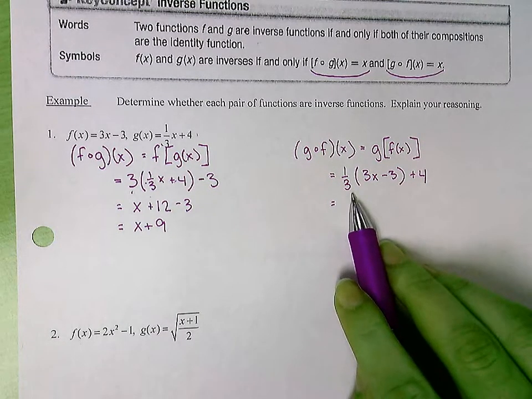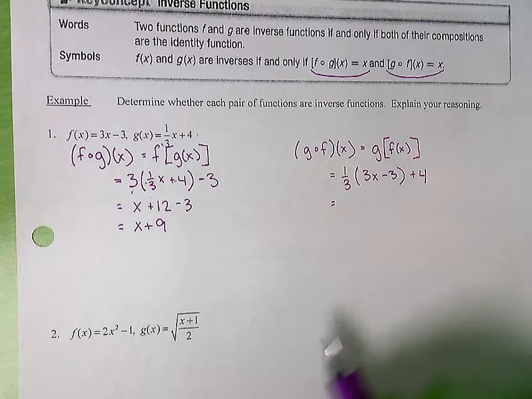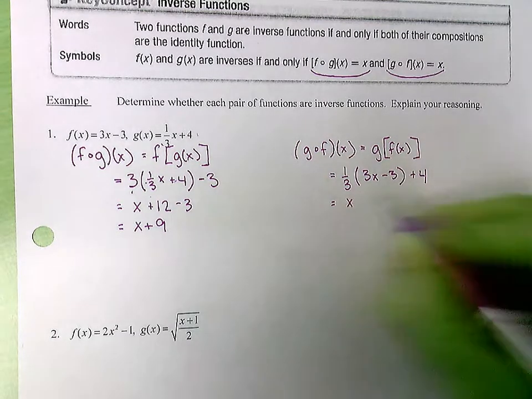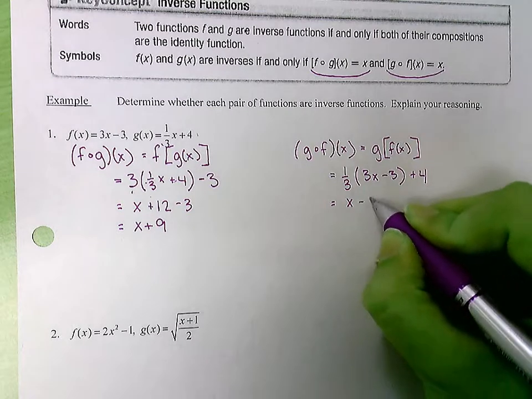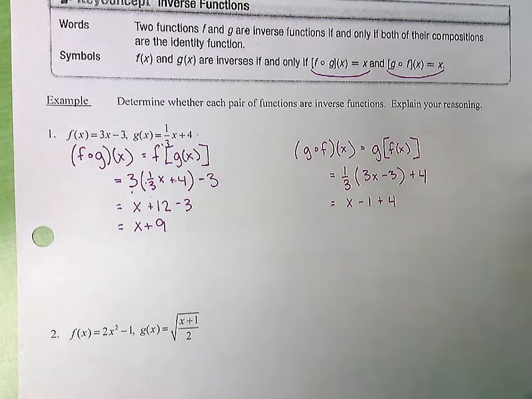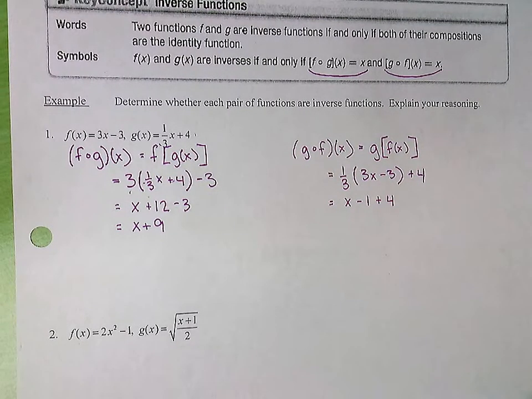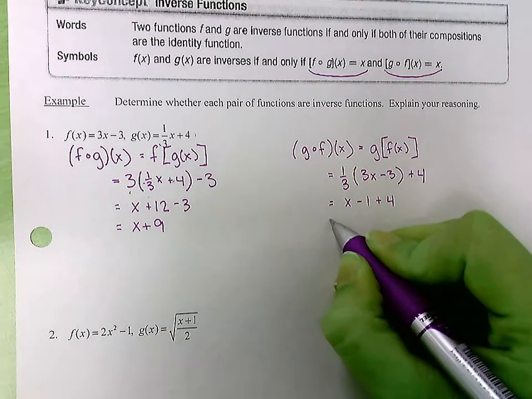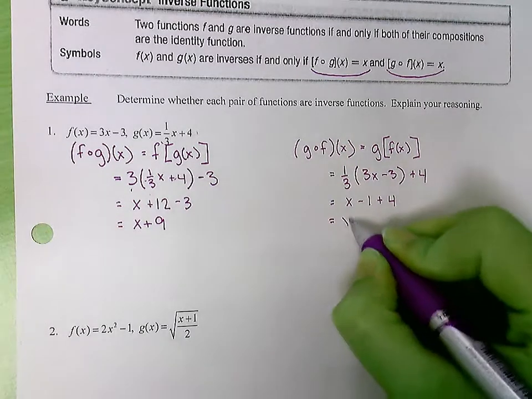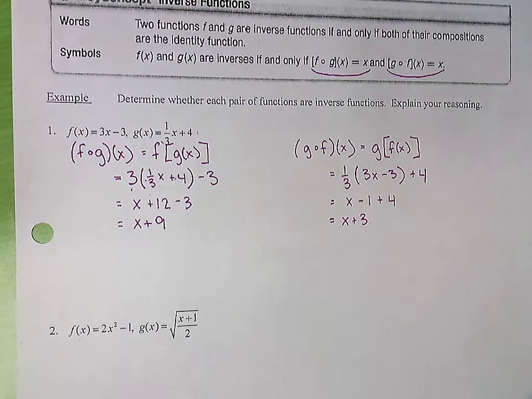Again, I can distribute this 1/3. So I have x minus 1 plus 4. So I have x plus 3. Now in both cases here, I did not just end up with x.